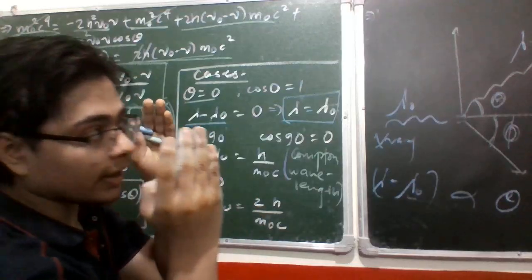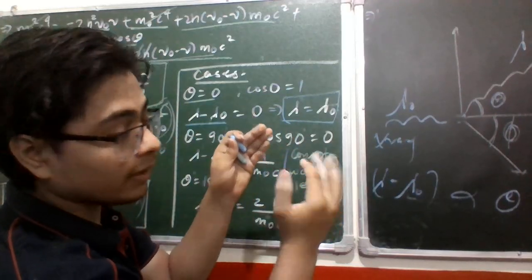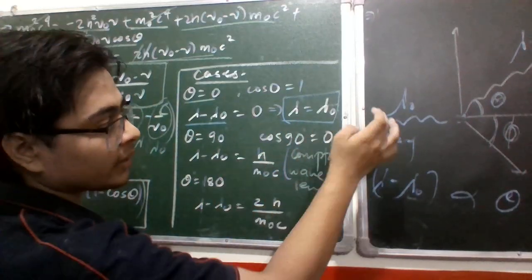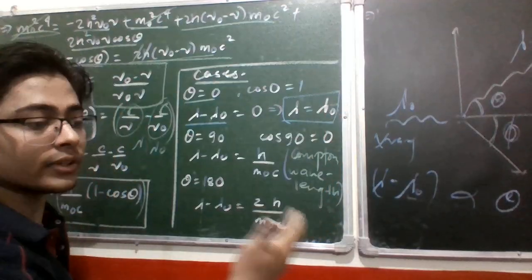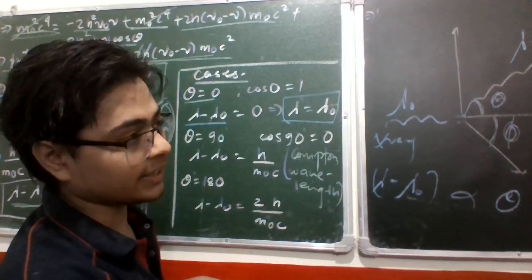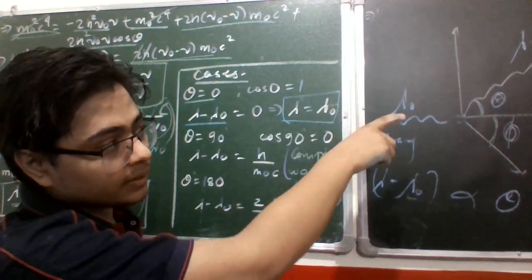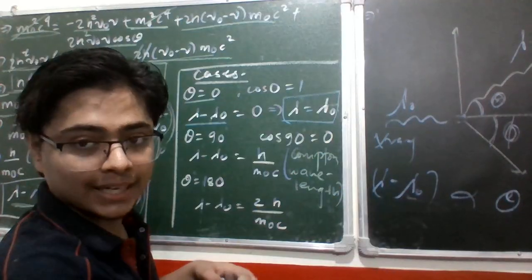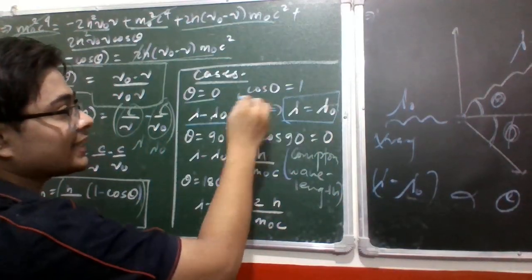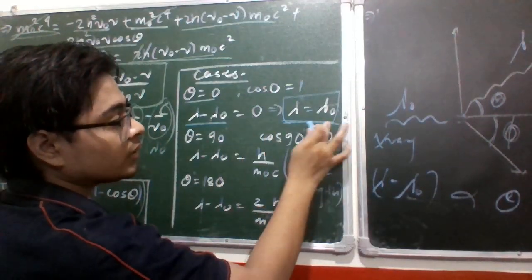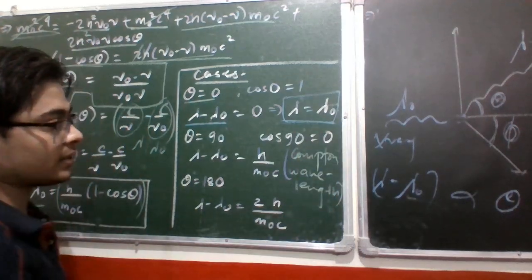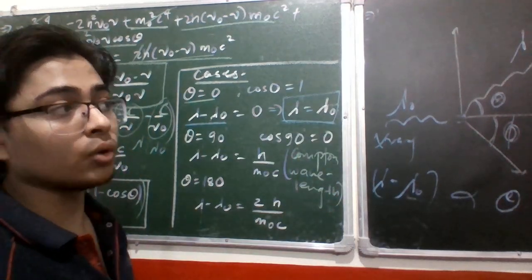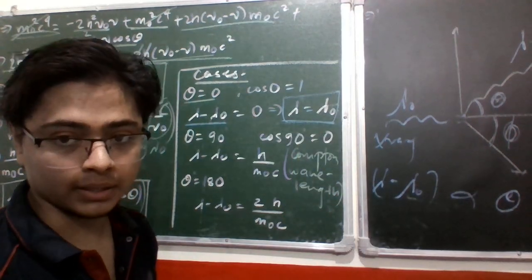That means every change that's happening between the wavelength of the incident and the scattered X-ray is all because of the work of this theta. So if theta is equal to 0, then both would have the same wavelength. There would be no change or no shift in the wavelength.